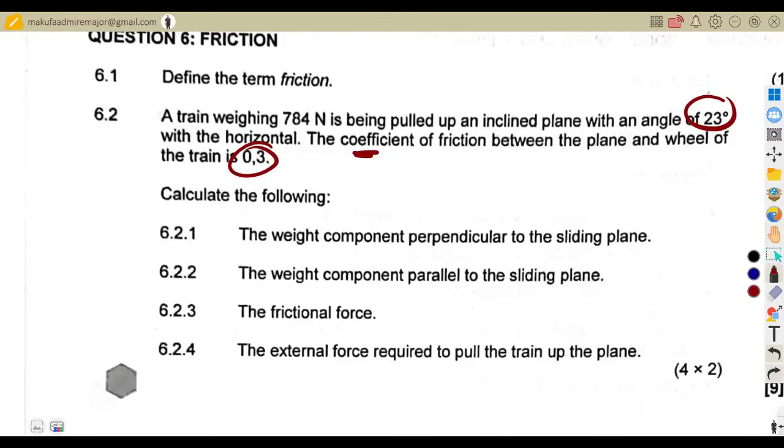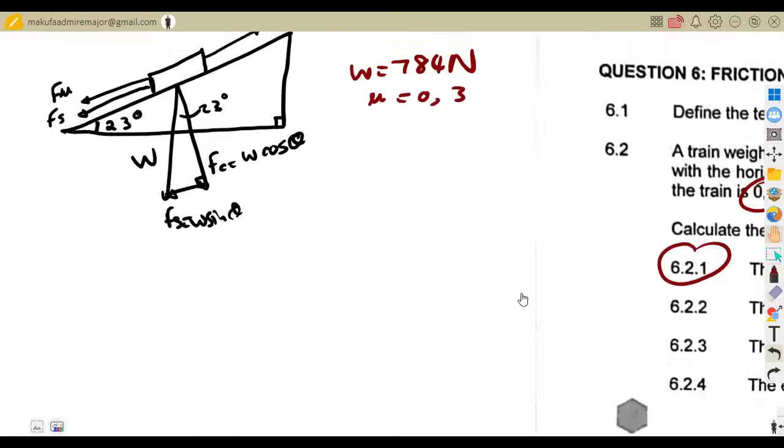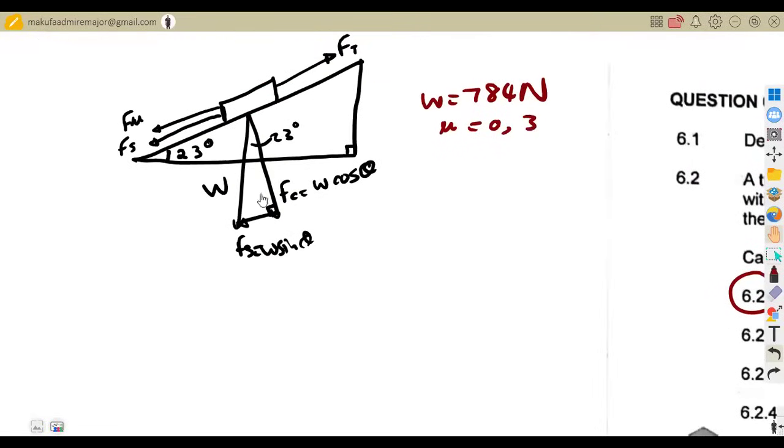So the question was 6.21. Let's check this one here. The weight component perpendicular to the sliding plane, this one, F perpendicular, the same way I said you can present it. So for 6.21, the weight component perpendicular is going to be W cos theta.